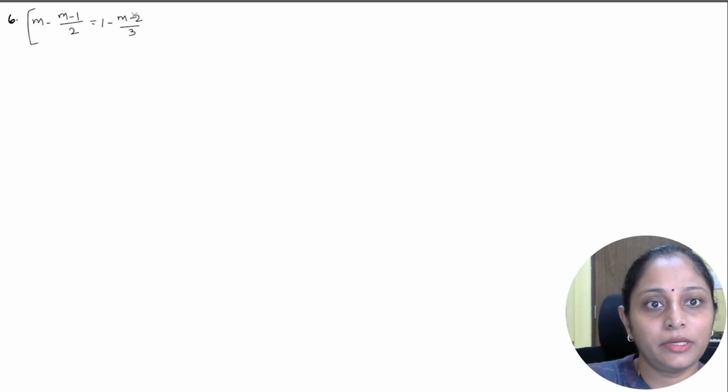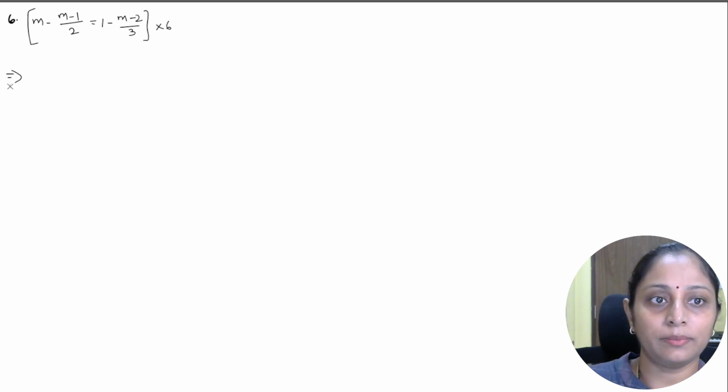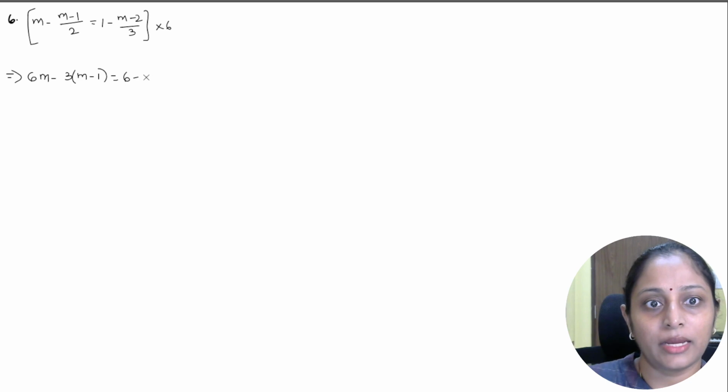What is the LCM here? 2 into 3, 6, right? So this implies 6m minus 3 times of m minus 1 is equal to 6 minus 2 times of m minus 2, right? Now I'm going to open the bracket.